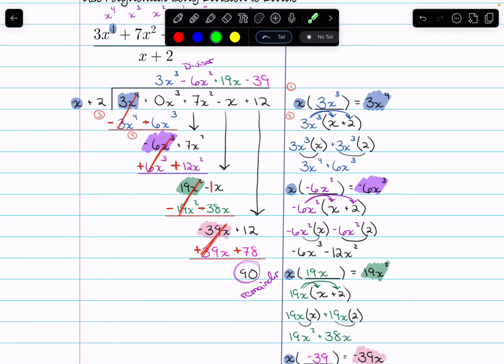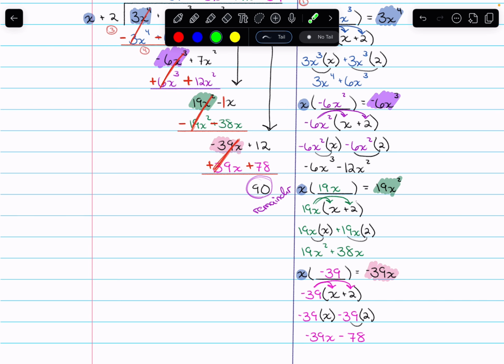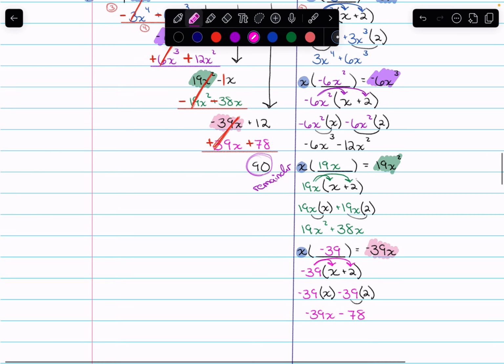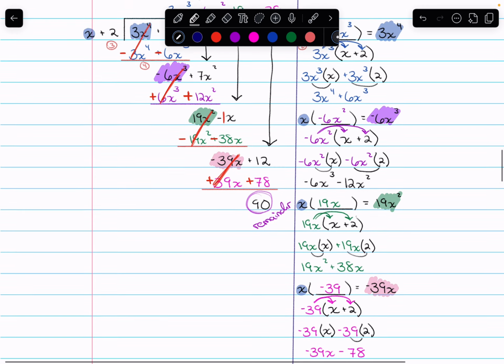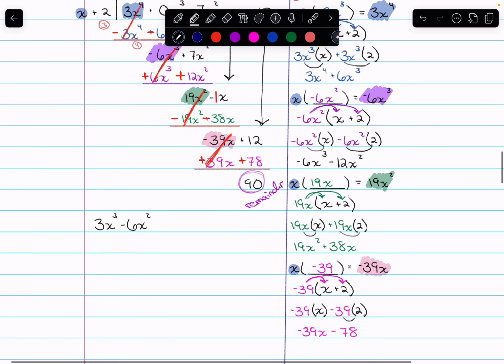So my final answer is going to be all of the numbers I put up here, which were all the answers to your step ones every time you did it. So I'm going to do 3x cubed minus 6x squared plus 19x minus 39.